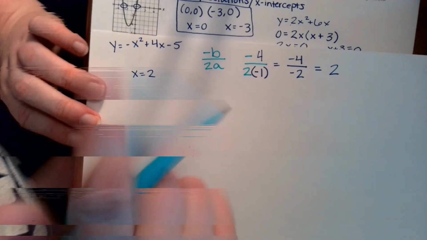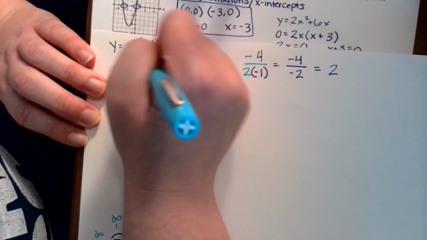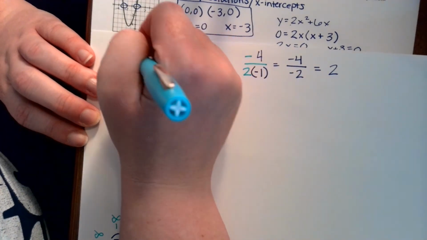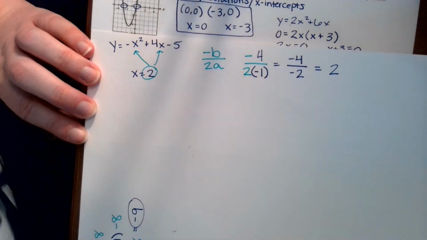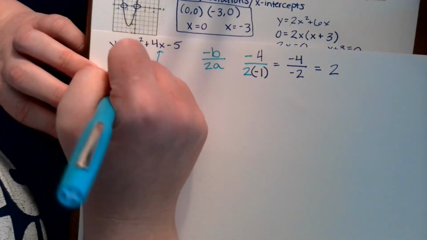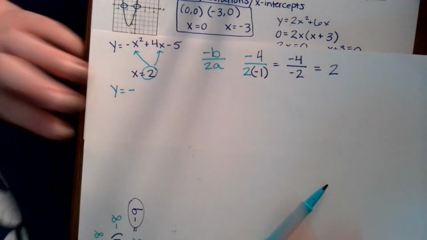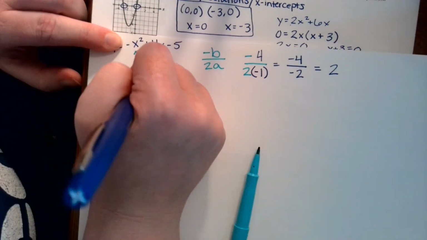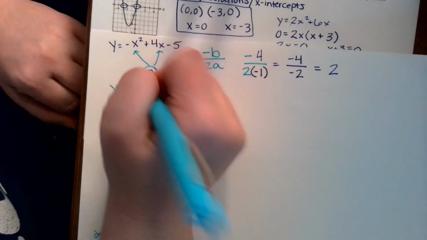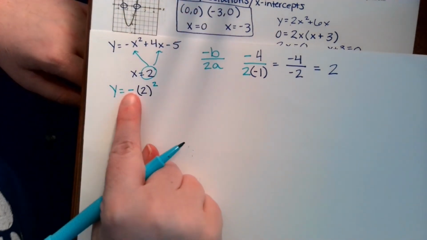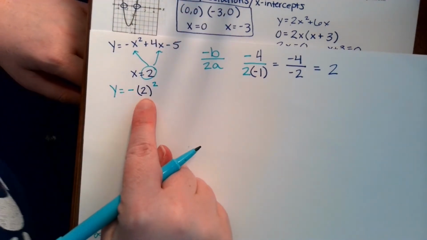Okay, so now we want to get the vertex. So we're going to take 2 and plug it in for x. So this is going to be, and we use blue, y equals negative, because this is negative, x is 2 squared. So you might be wondering, well, why didn't you put the negative in parentheses with the 2?